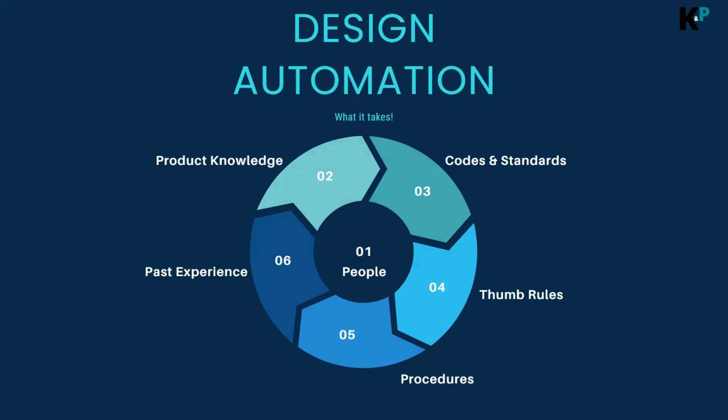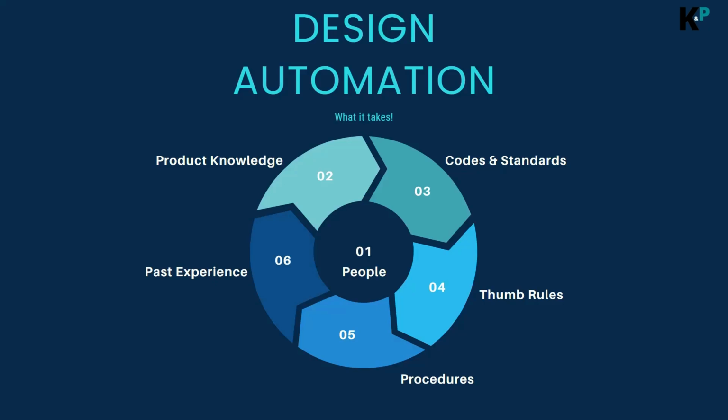It can be domain knowledge, so you can refer to the past experience of design execution of projects done in the past, some codes and standards as a reference, then some engineering calculations, thumb rules that the company follows to perform the new design for the project requirement or client requirement, and again some internal procedures that are being referred to create that new design.